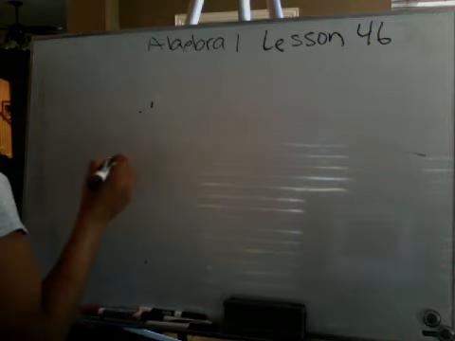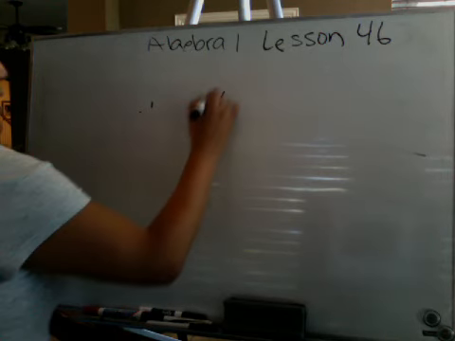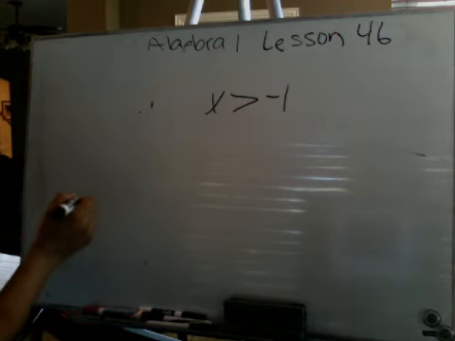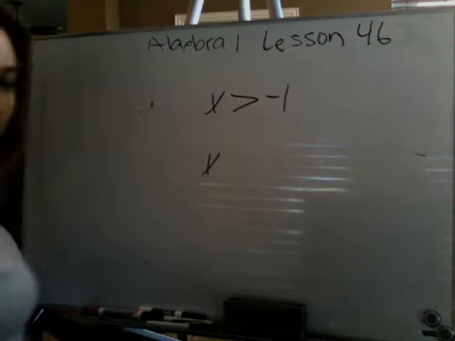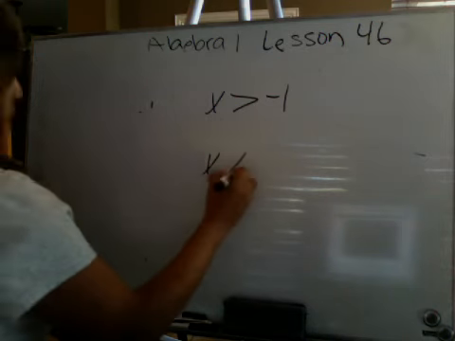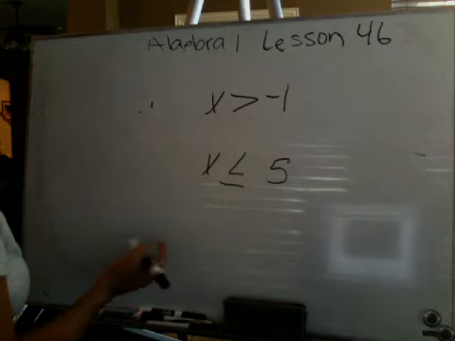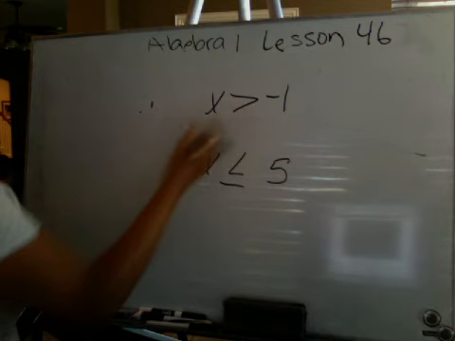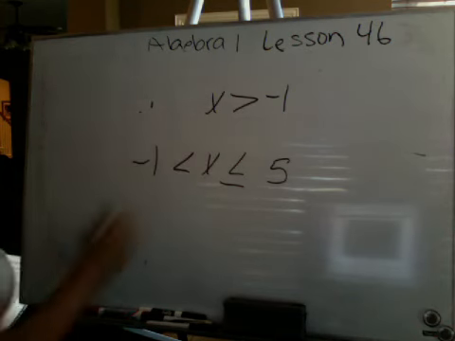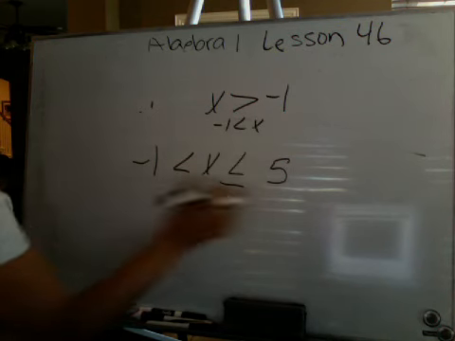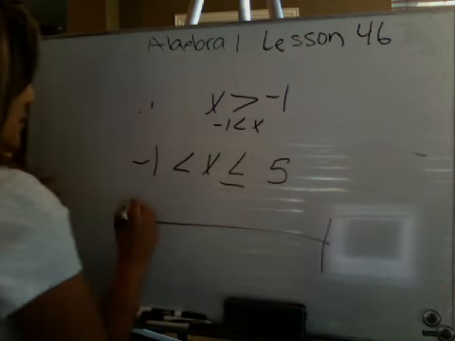So we're saying numbers that are x greater than negative 1, and less than or equal to 5. And another way of writing it? Can't you do this? Just flip that around. Doesn't that say negative 1 less than x? So it goes right here. So here's my conjunction.